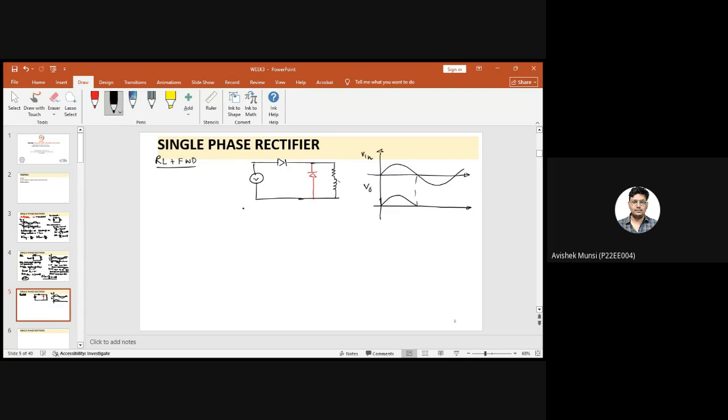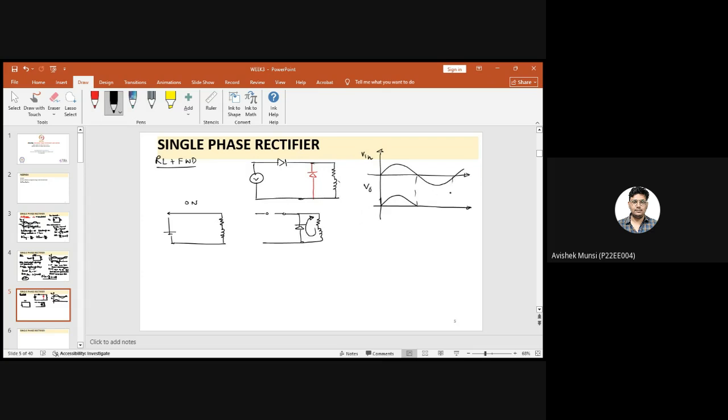In the second half cycle, when the diode is in forward bias state, whatever energy the inductor has stored will discharge through this freewheeling diode.